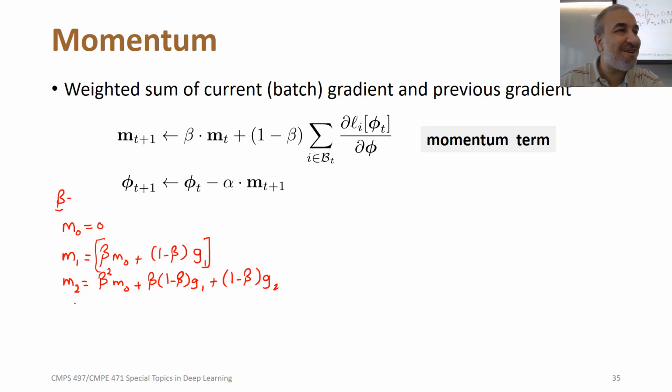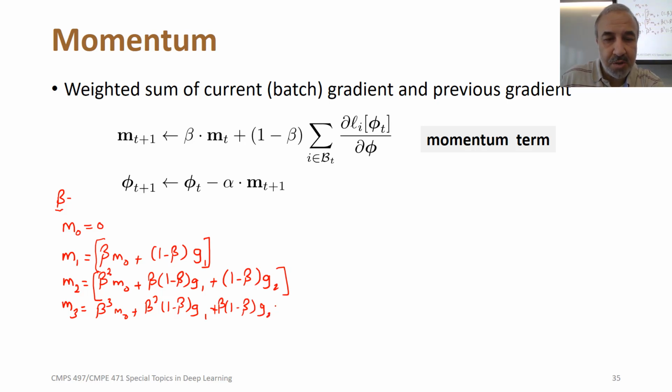Let's do it one more time. M3, what is M3? It's beta multiplied by all of that. So it will be beta cube M0 plus beta square 1 minus beta G1 plus beta 1 minus beta G2 plus 1 minus beta G3.